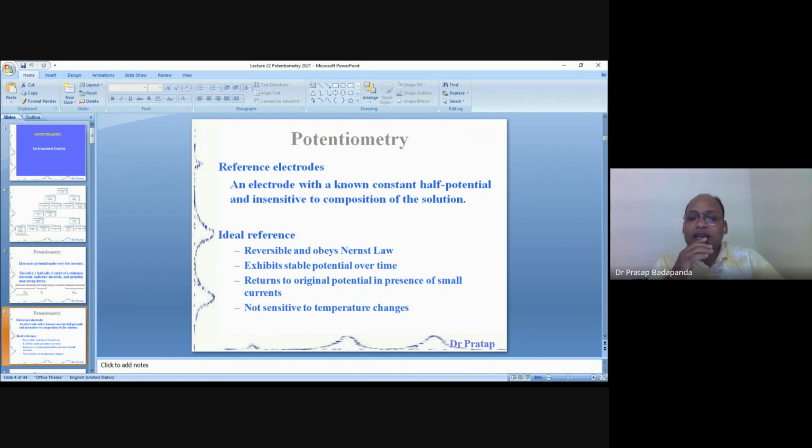It returns to its original potential in the presence of small currents, and is not sensitive to temperature changes. If a particular electrode obeys these points, then you can say it is a reference electrode.